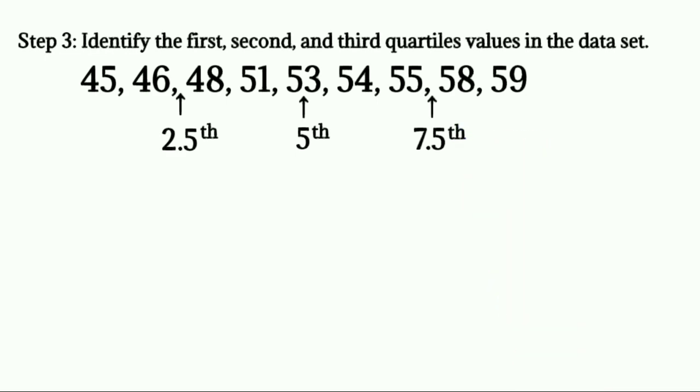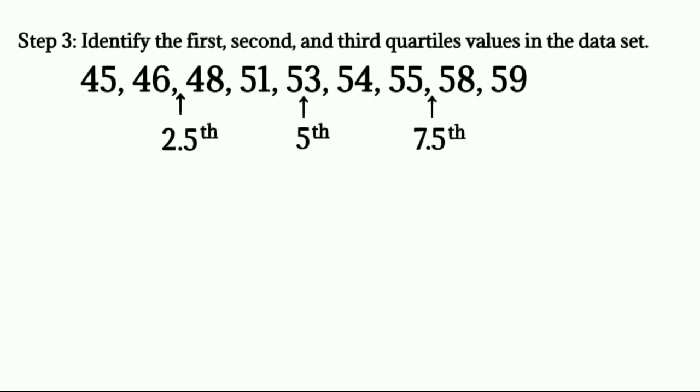Since the 2.5th falls between 46 and 48, and the 7.5th falls between 55 and 58, we can determine the first and third quartiles of the dataset by getting the average of the two values.